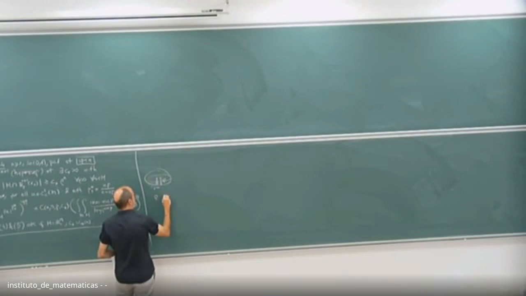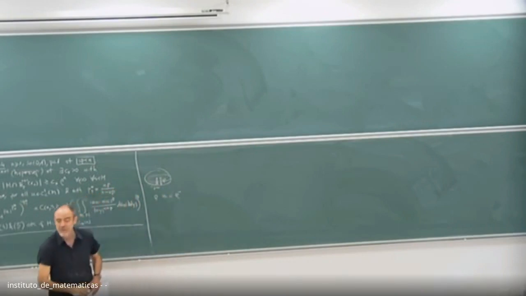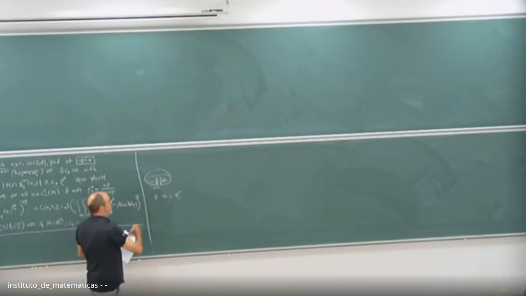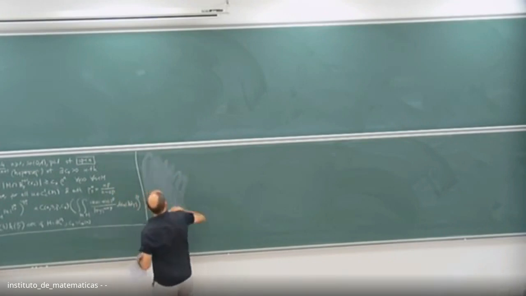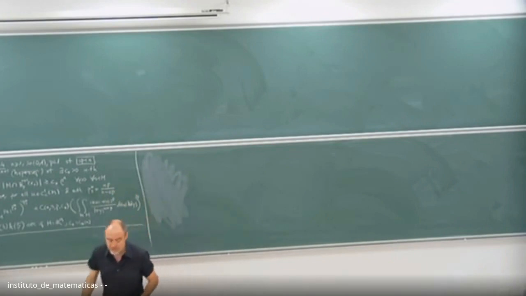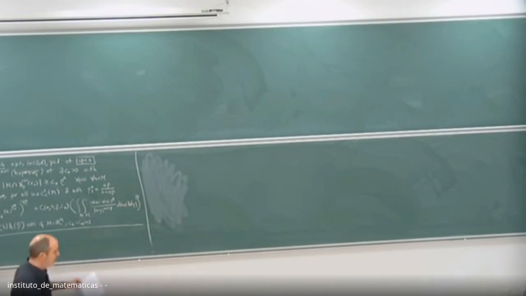And you would like it to be larger than rho to the n, but this is impossible if rho is large. So if rho is large, this type of cigar is the enemy. And now we are going to kill this enemy for the objects that we care about: minimal surfaces and non-local minimal surfaces. So this is the next section.